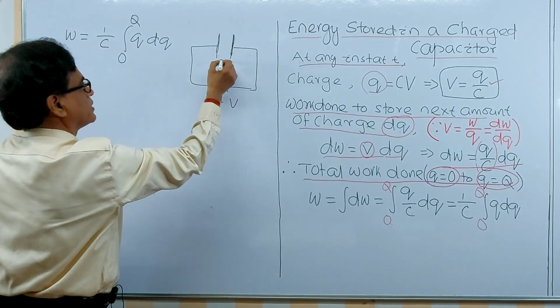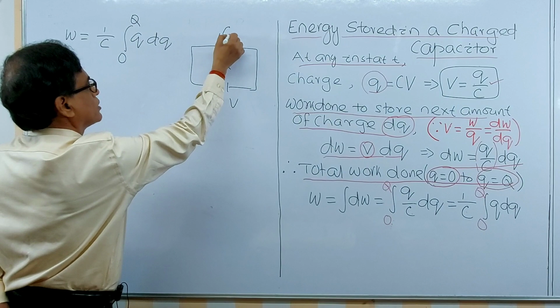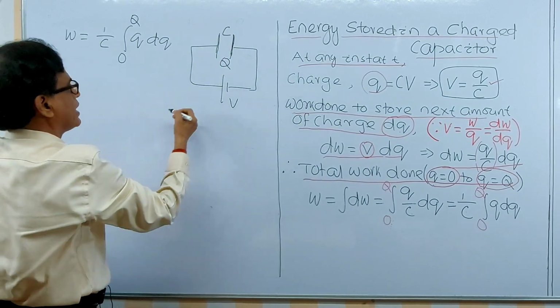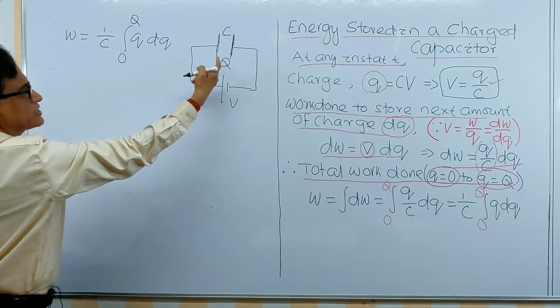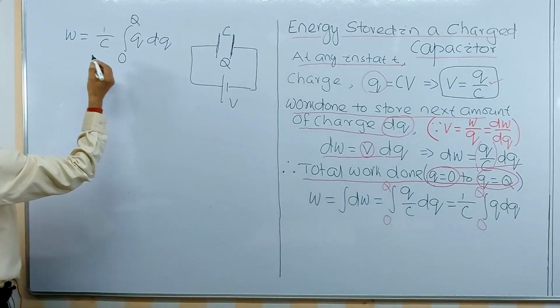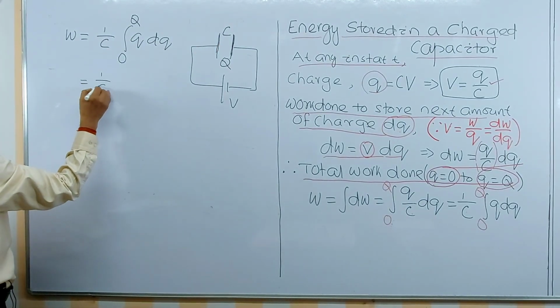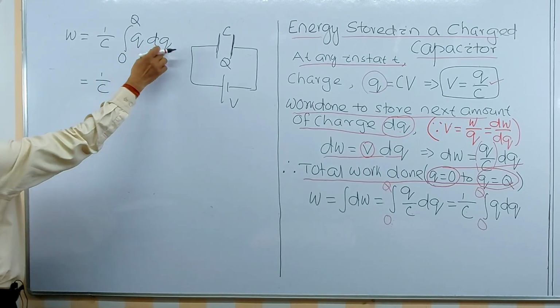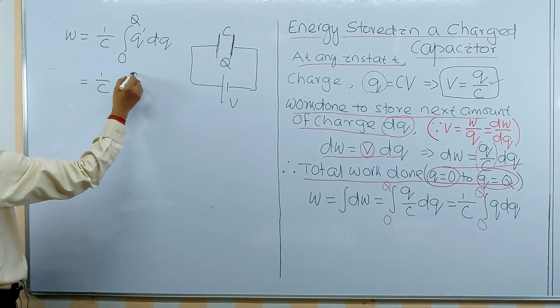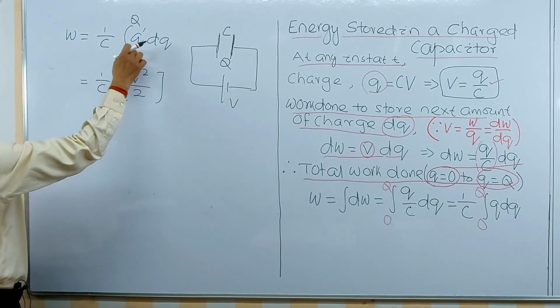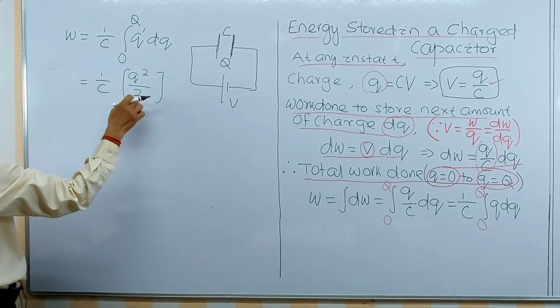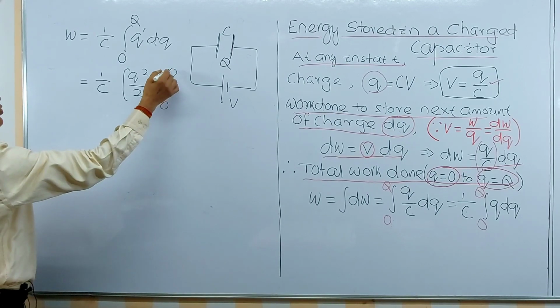The charge stored is capital Q, capacitance is C, and that Q is the charge at any instant t in between minimum and maximum. The integration of Q dq, Q power is 1, is Q square by 2, limit is 0 to Q.